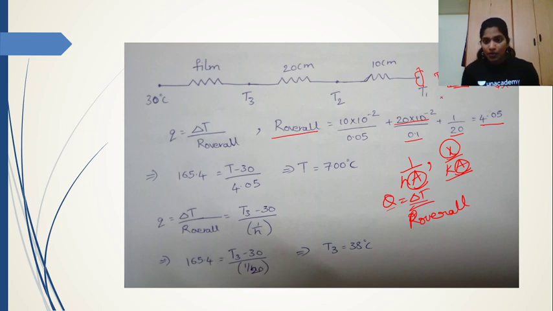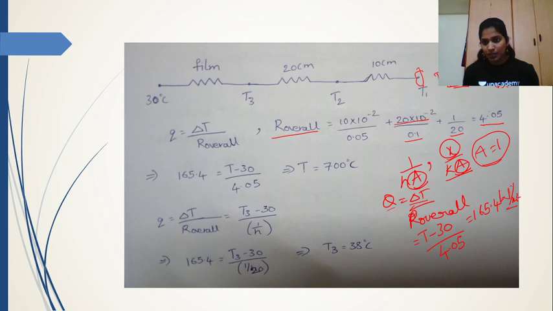As we are considering the overall heat transfer resistance, delta T will be T minus 30, divided by the overall resistance 4.05, and this is equal to 165.4 watts per meter square, as we are calculating the heat transfer rate for 1 meter square area.